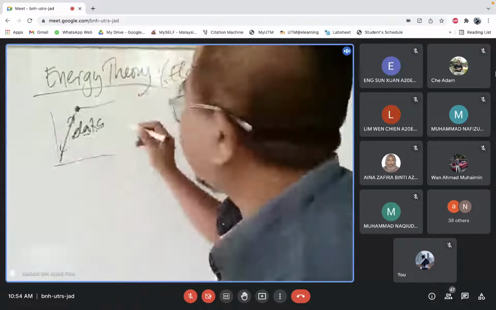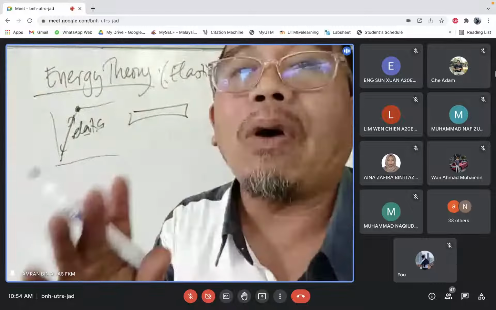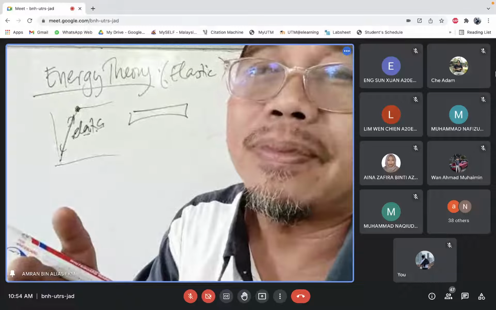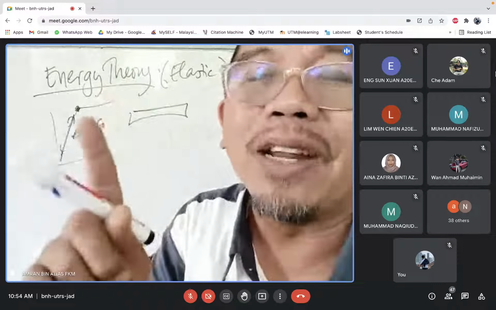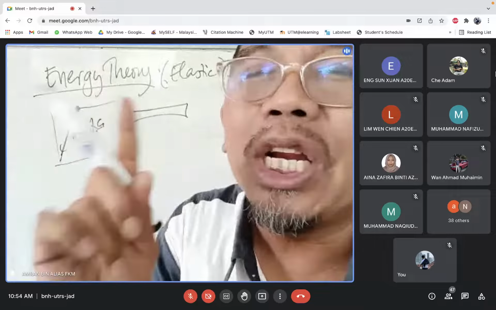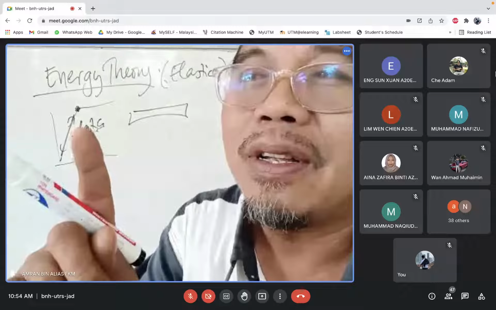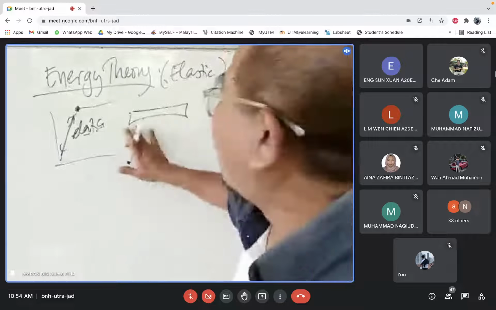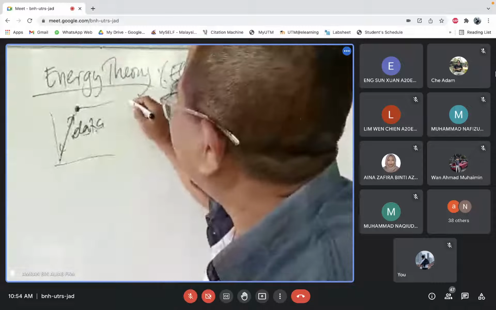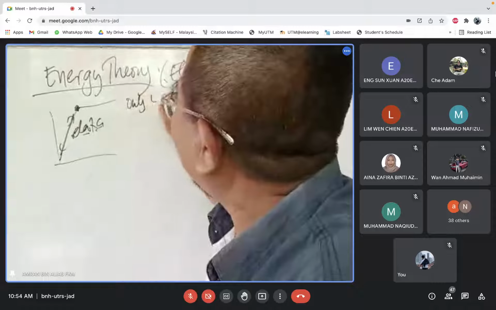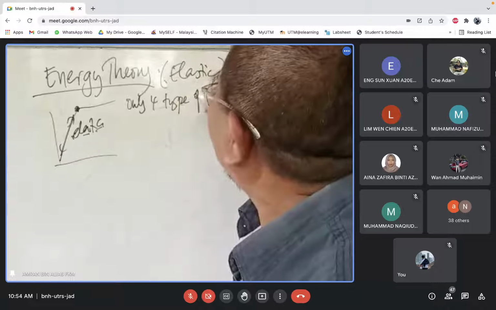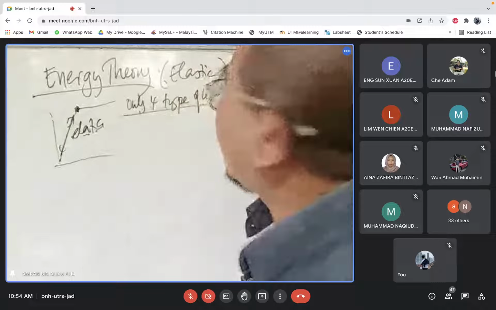So when axial loading, how many types of loading do we have? How many types of loading do we have? 4. Why is that? Four types of loading.